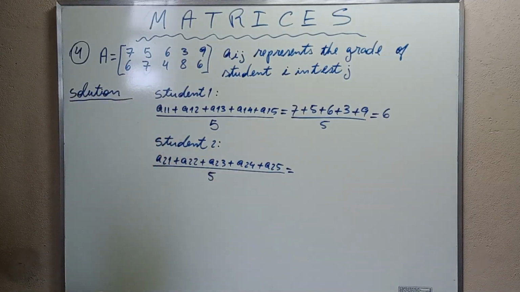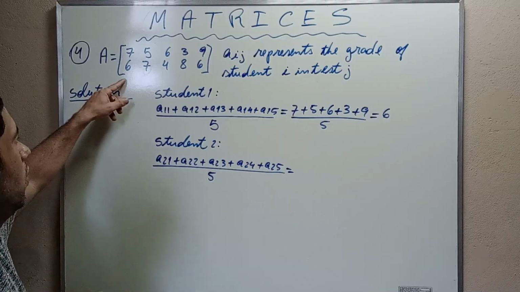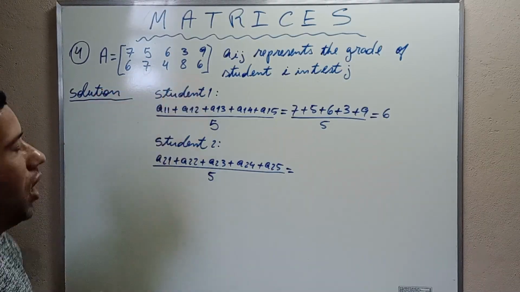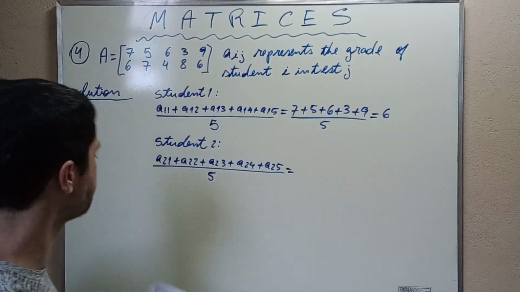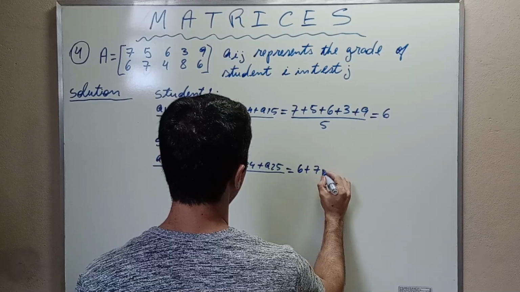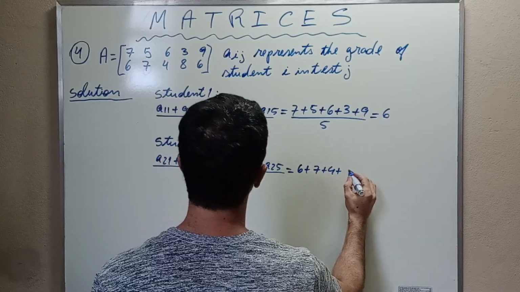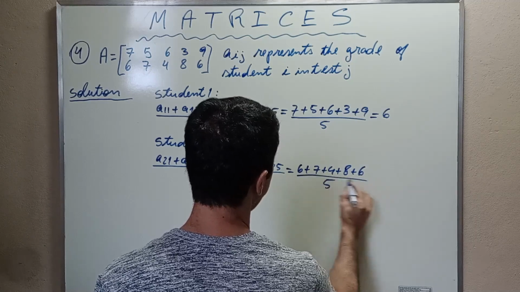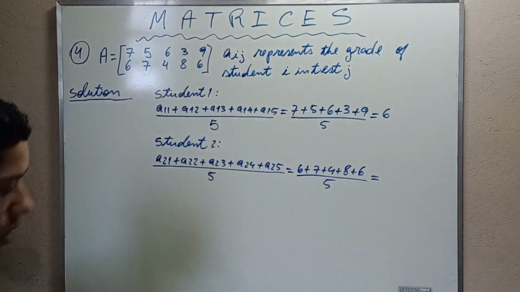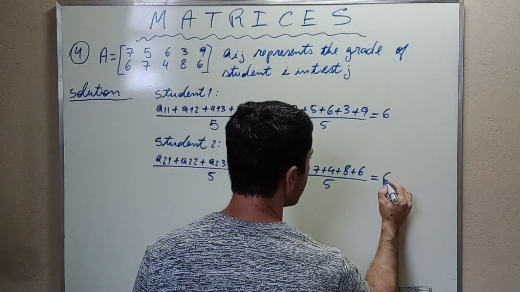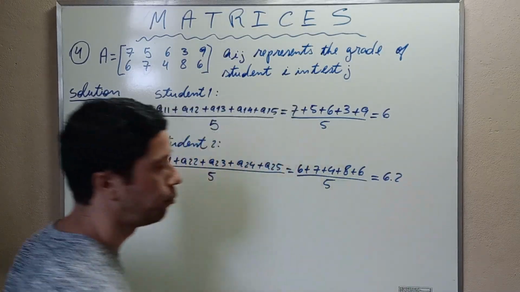And this is equal to, as I said, we sum the entries of the second row. 6 plus 7 plus 4 plus 8 plus 6 divided by 5, and this is equal to 6.2.